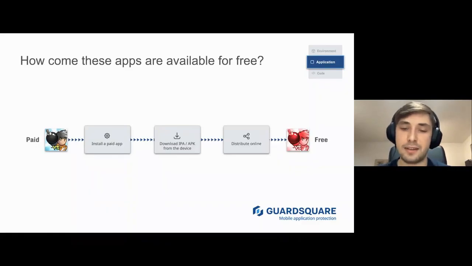And once the attacker has an APK file, they can share it with anyone. They can share it with their friend or with a community or just distribute it online. And once they can send it, they can just make it free. They can just upload it and give a link to someone, so anyone can just grab it from there and install it on their device.